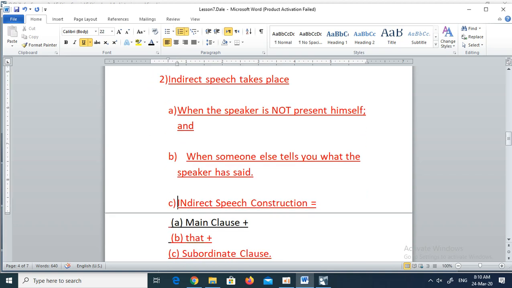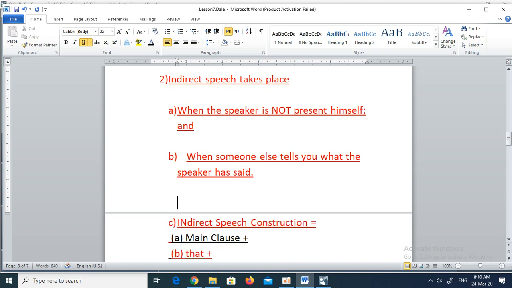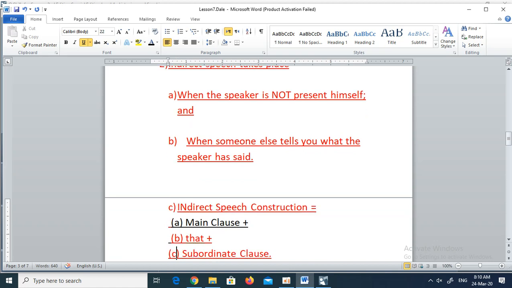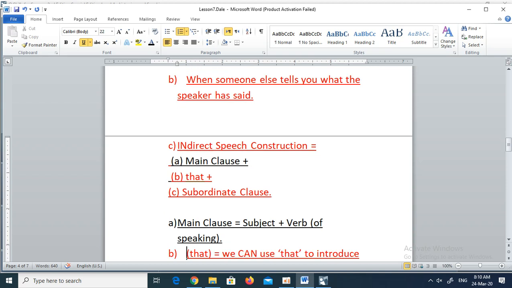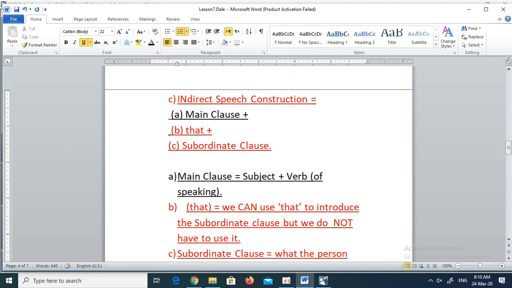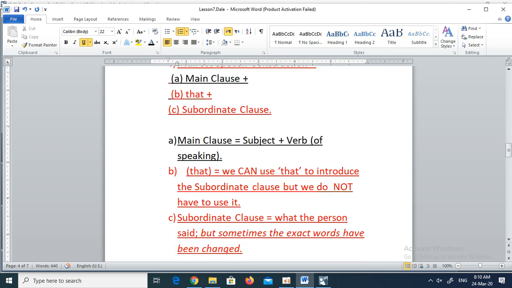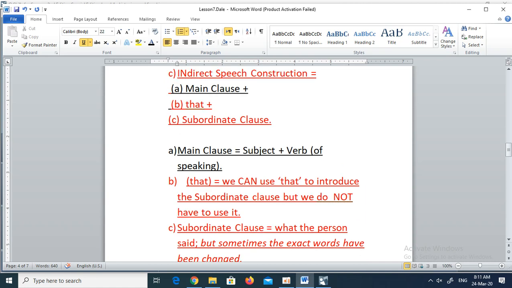All right. The way we make the indirect speech construction is fairly simple. It has three sections to it. It starts with the main clause. It then has the word that, which is not something you have to put in, but which you can put in.